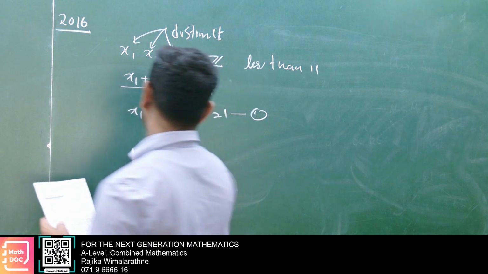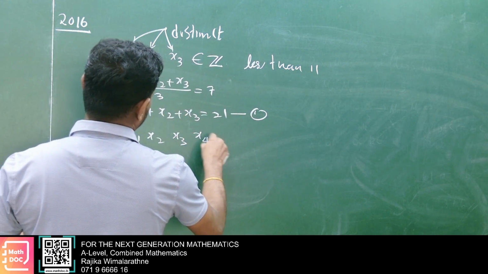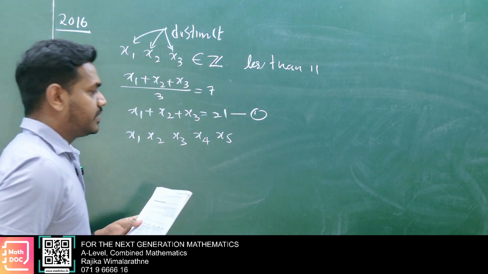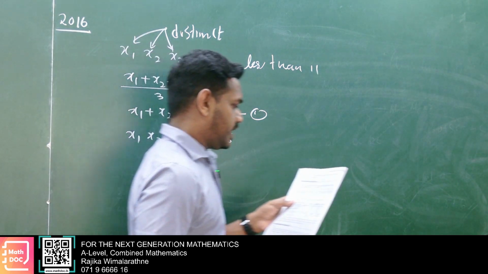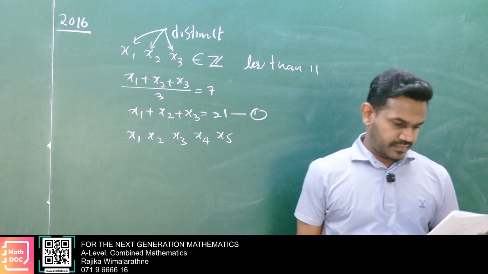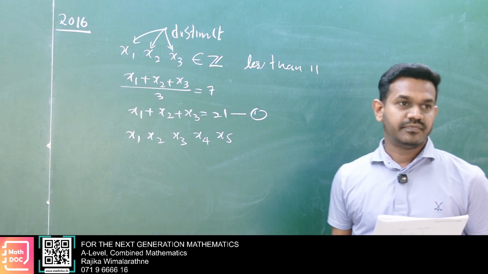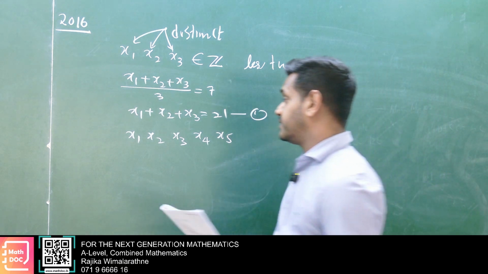Now you take another 2, x1, x2, x3, x4, x5. So now again 2 integers are taken. The mean of all 5 integers is 5.